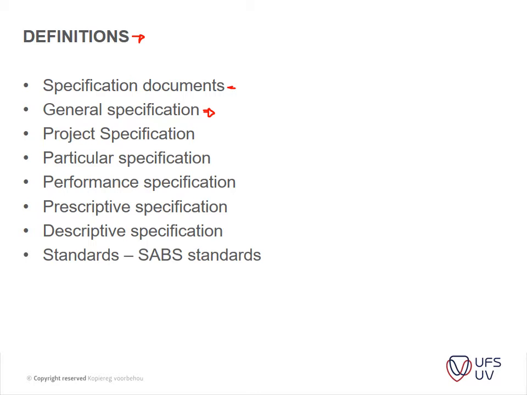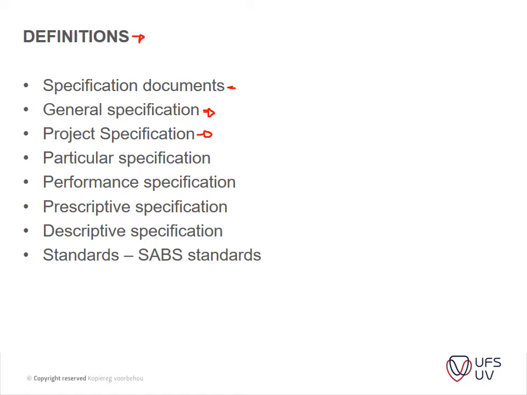Then you've got your project specification, going into more of the detail of the project. It is a one-story house of this size, with medium type finishes, or it's a very difficult build where you would need a crane.